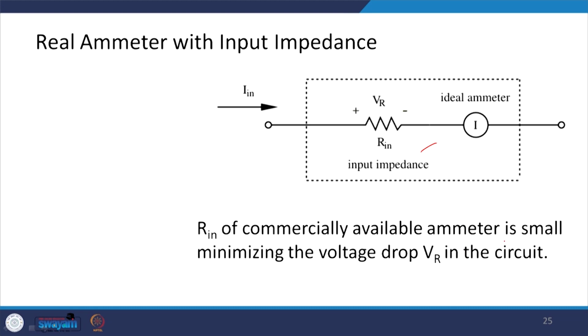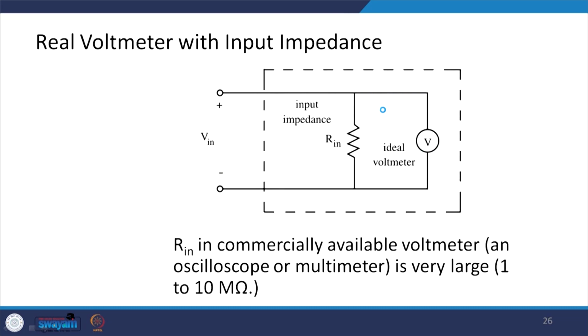So, here this resistance is small, so that there is a minimum voltage drop in this circuit. And we can define the real voltmeter here, the ideal voltmeter with input impedance, and this R in of a commercially available voltmeter is very large.